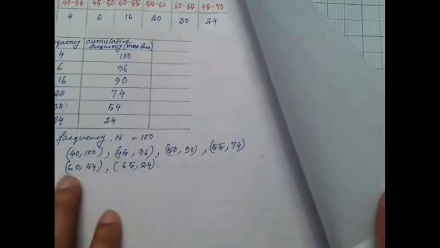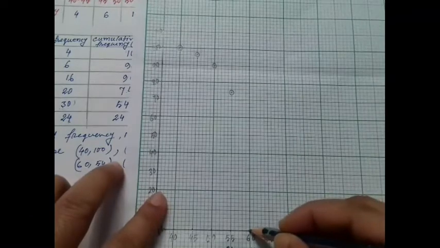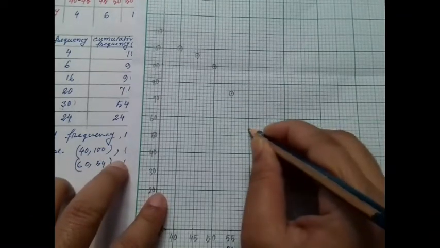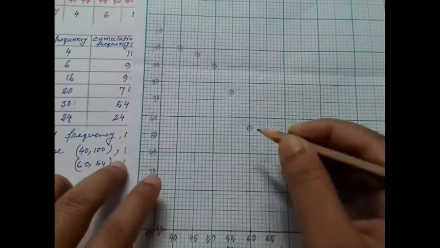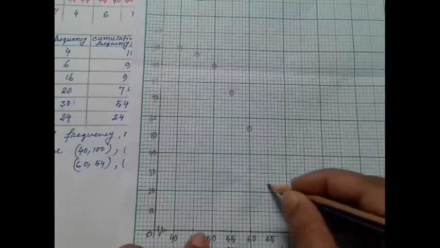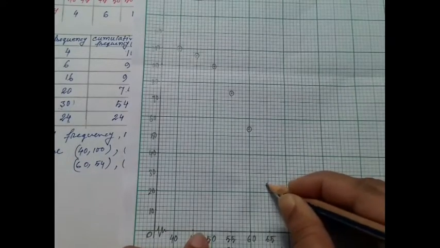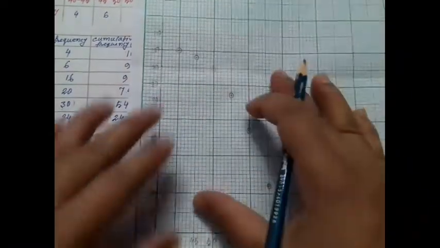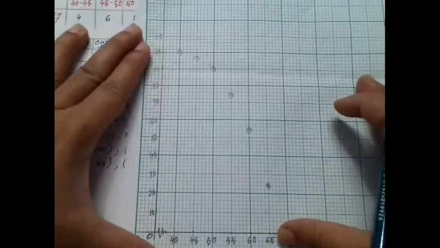Then we have 60, 54, 50, 52, 54. Finally 65, 24, 20, 22, 24. So we have got all the points for the more than type cumulative frequency.